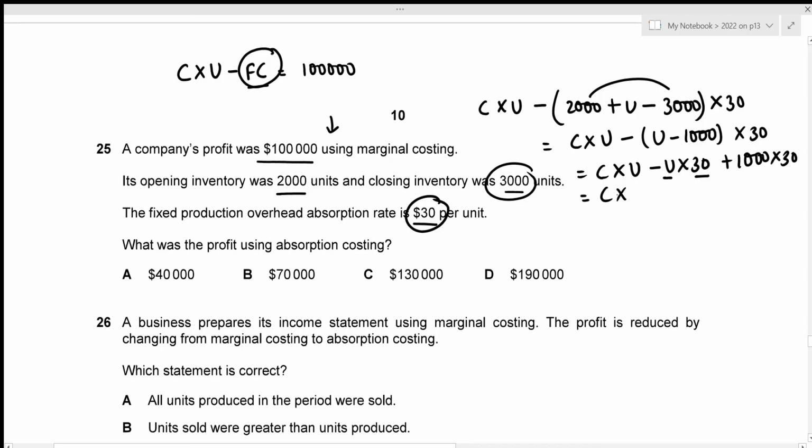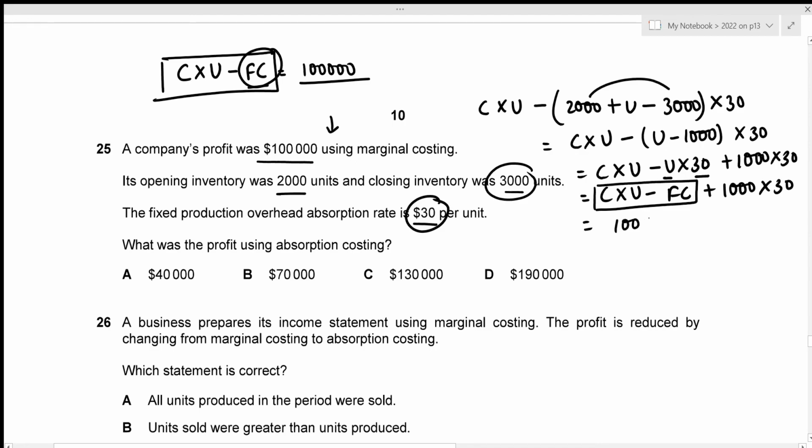So let's replace it. That's minus fixed cost plus 1000 times 30. And we can see that contribution times unit minus fixed cost has a value of 100,000. So we can just replace its value by 100,000. Plus 1000 times 30 is 30,000. So the profit using absorption costing is 100,000 plus 30,000, which is 130,000.